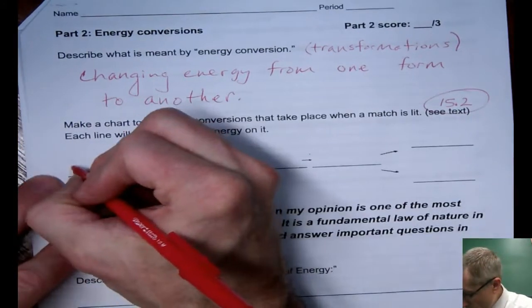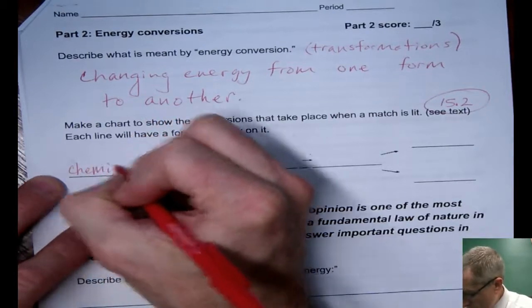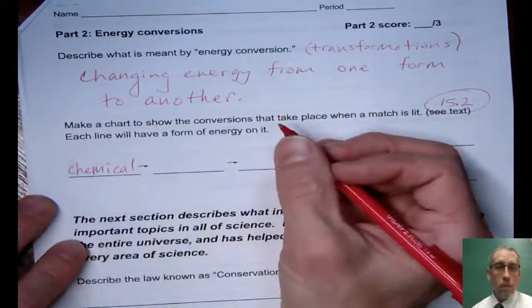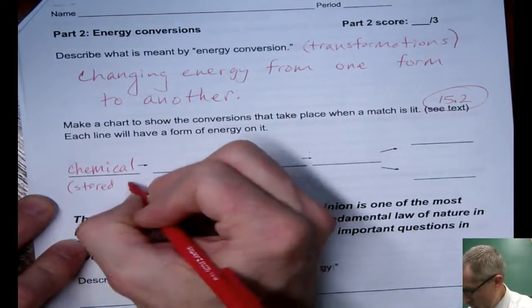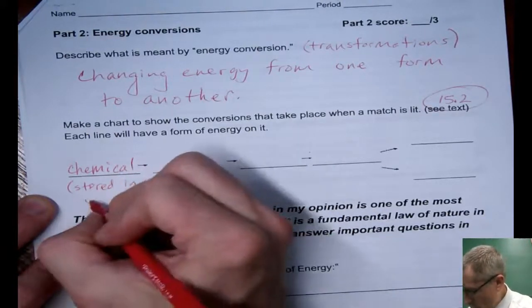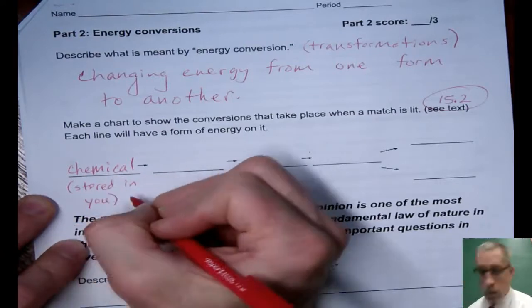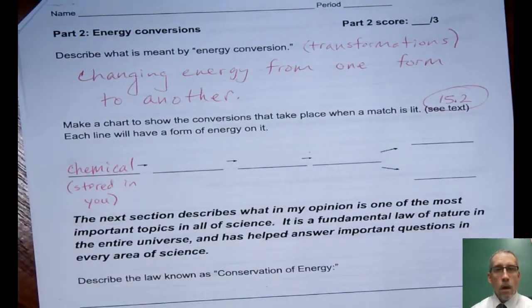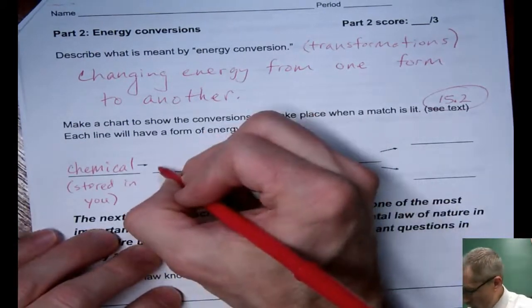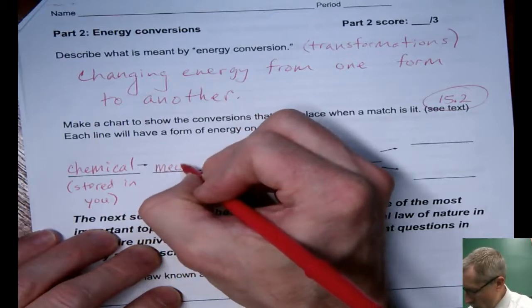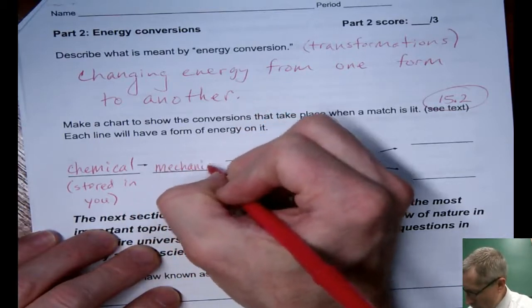So this form, we would say, is the chemical energy, and I'll describe this a little further. Chemical energy stored in you. All right, and what does that chemical energy allow you to do? It allows you to move the match against the striker. So motion energy is the mechanical form.